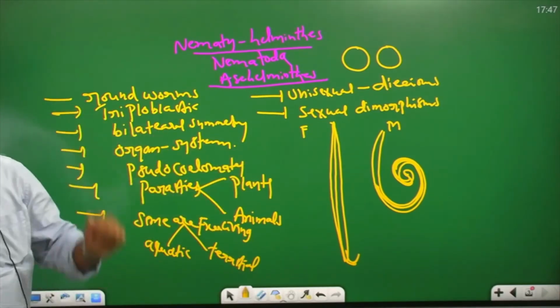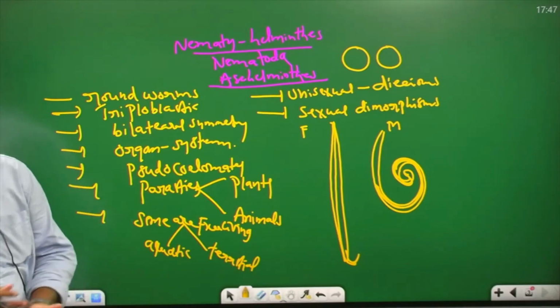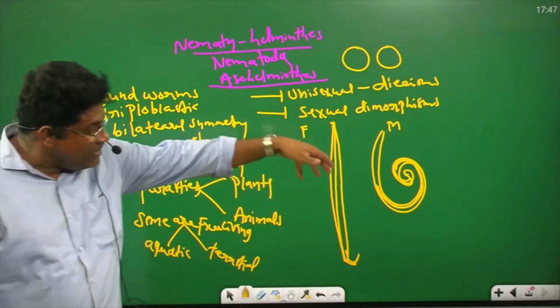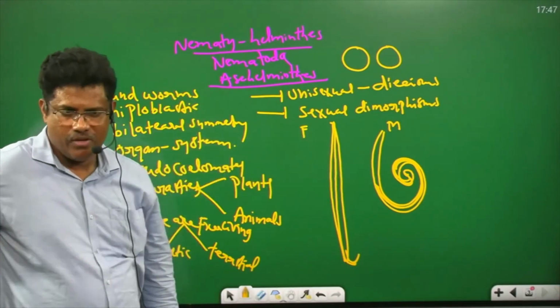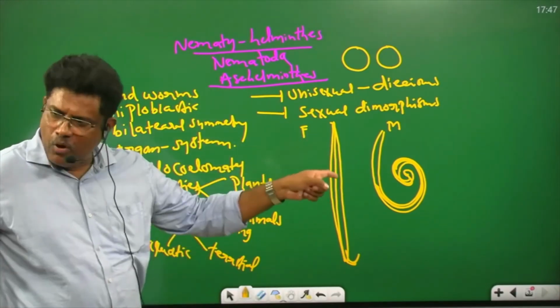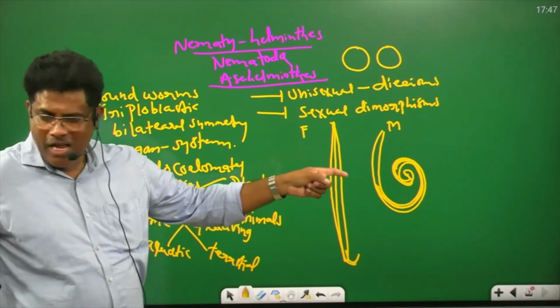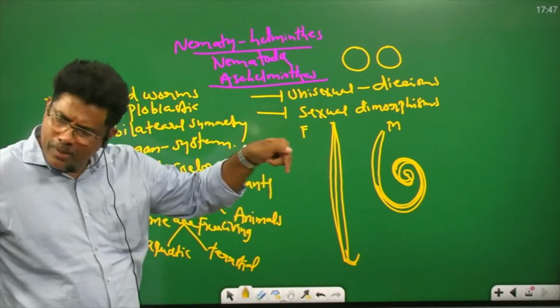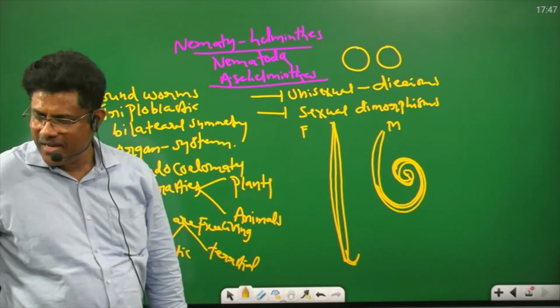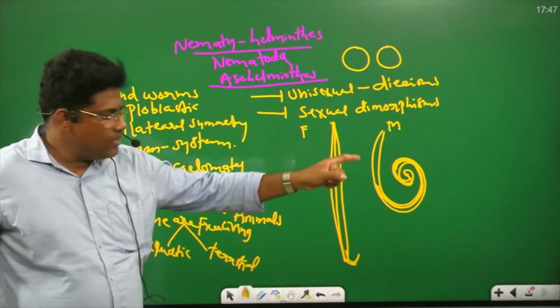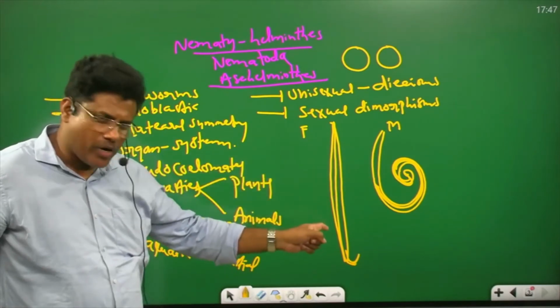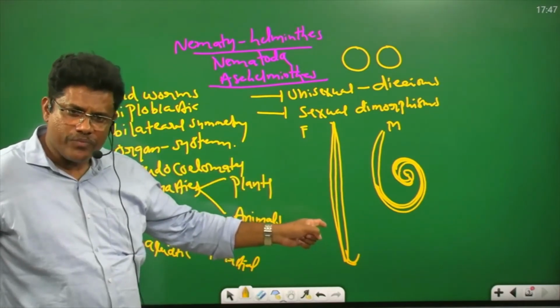They are unisexual. Male and female organisms are separate. They live in the human body. For example, take Ascaris, which lives in the human body. Both copulate in the human body. The male releases sperm into the female body, and the female releases ovum.